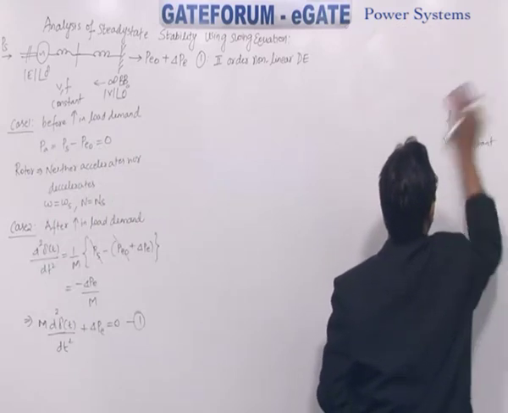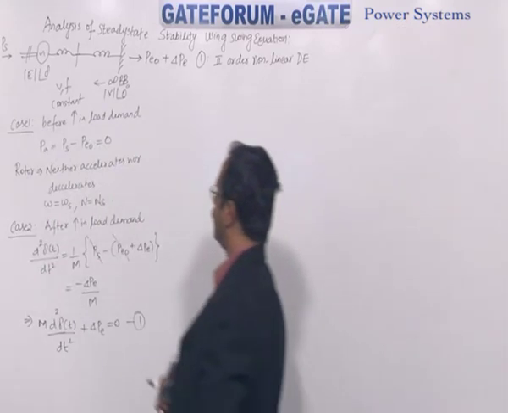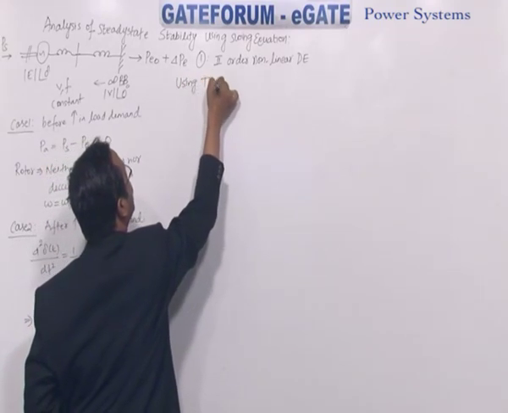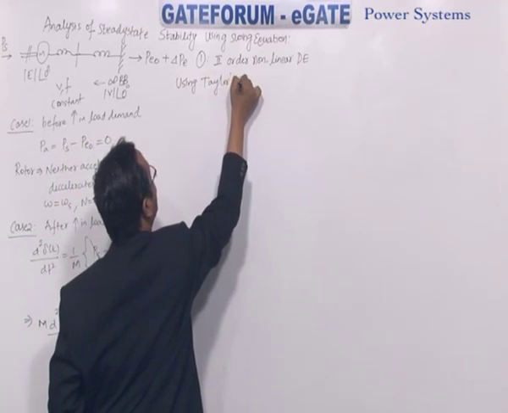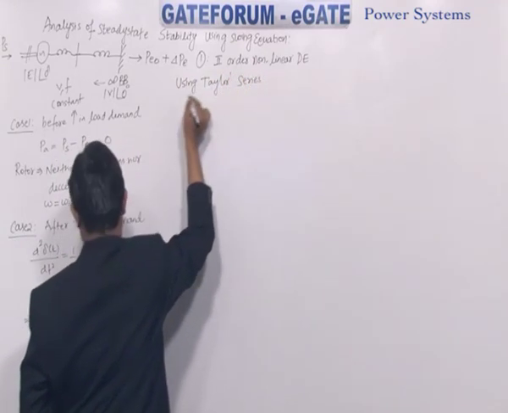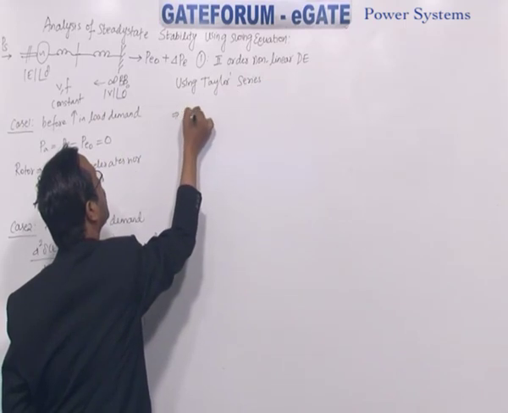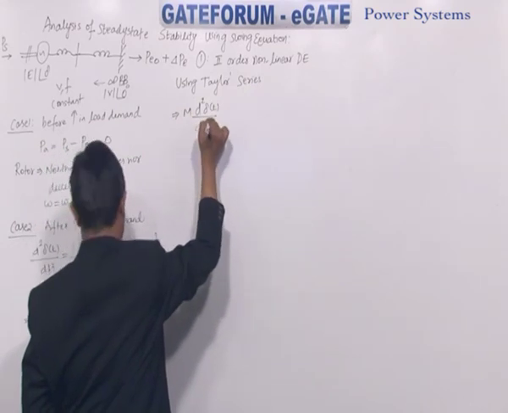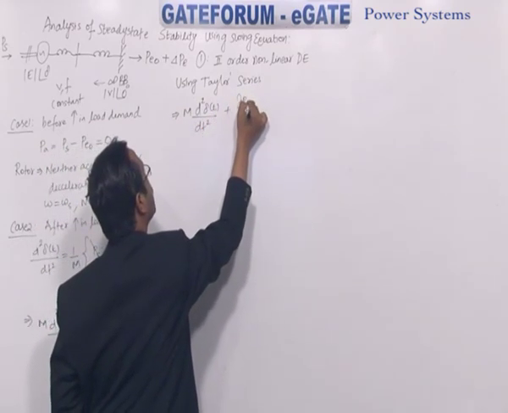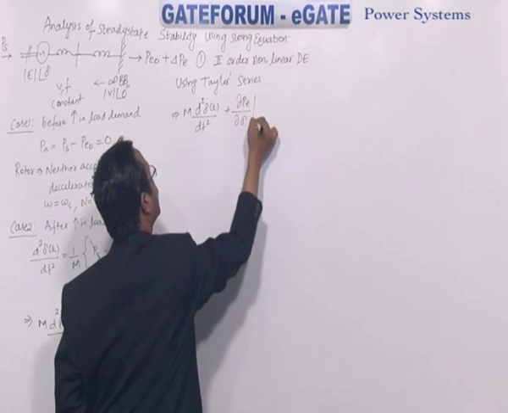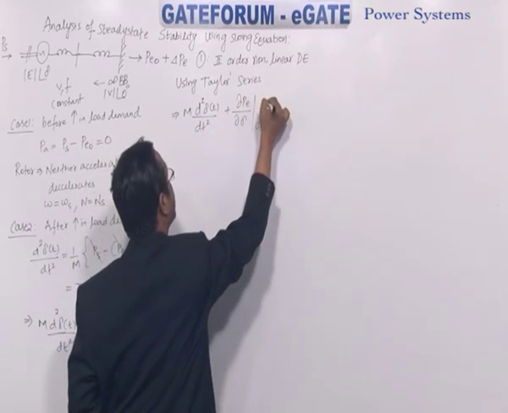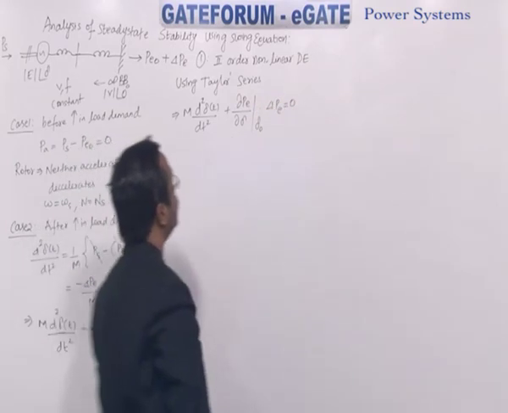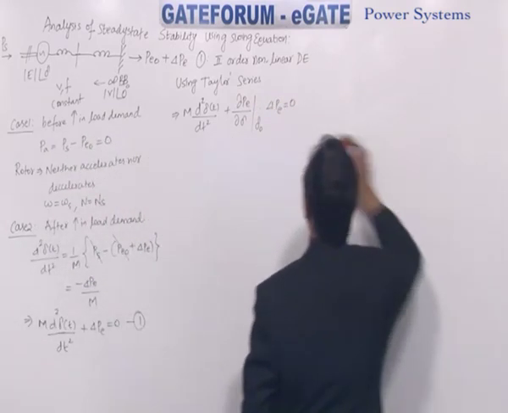For that we use Taylor series expansion. How to write this one? M d square delta by dt square plus dou Pe by dou delta evaluated at the initial delta angle must be represented here.